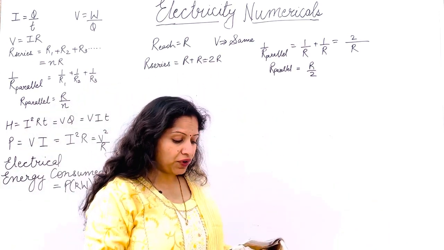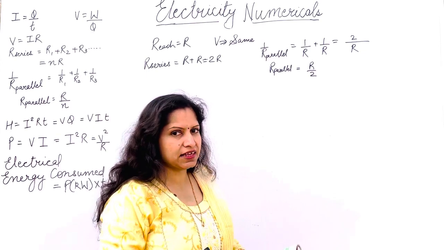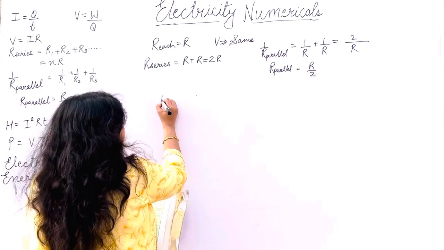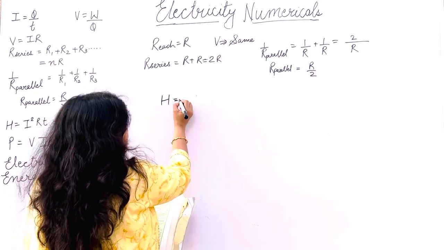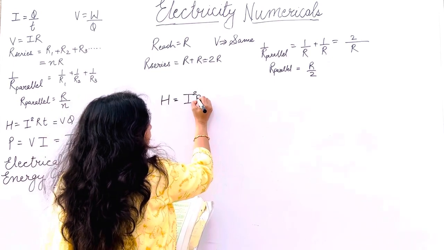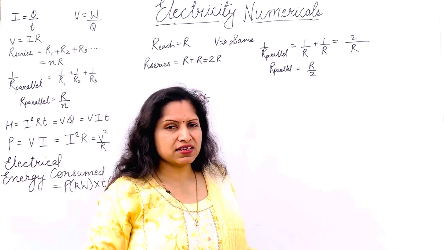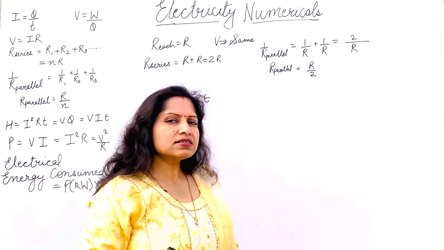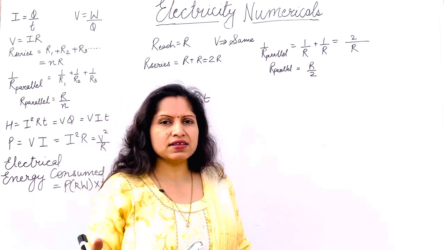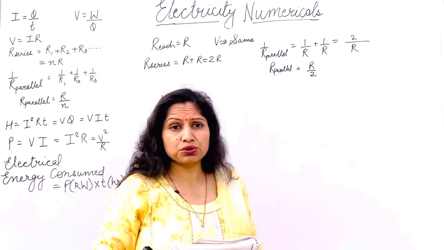Now we have to find the ratio of the heat produced in series and parallel combination. For heat, you remember one formula, H is equal to I square RT. But when we connect them first in series and then in parallel, does the current remain the same? No, it's going to change.